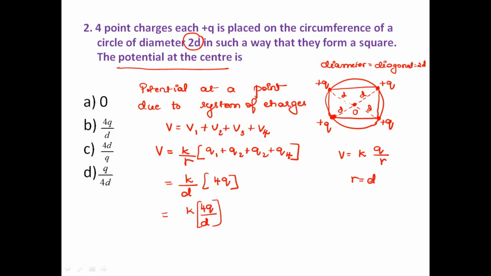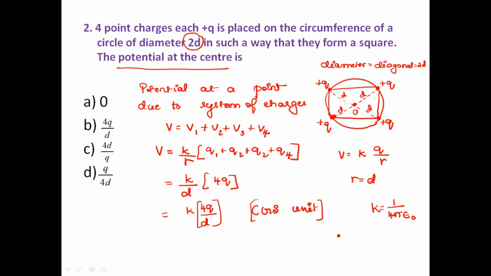But you cannot find this option 4Q by D anywhere among the 4 given options, which makes us understand that these options are given in CGS unit. In CGS system, we know that the value of K in SI system is 1 by 4 pi epsilon naught.